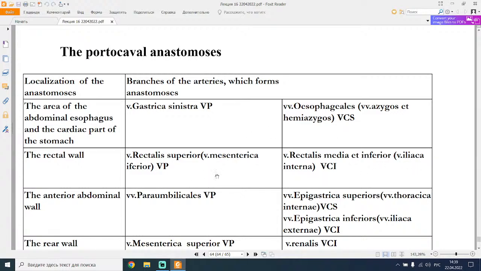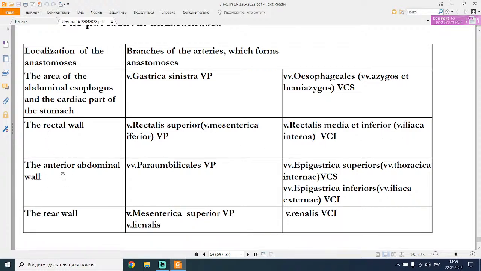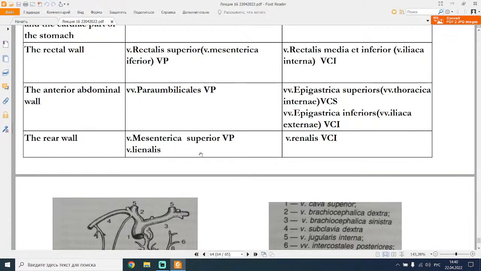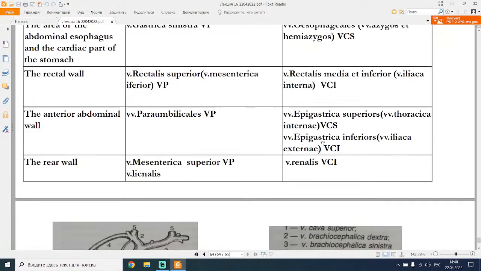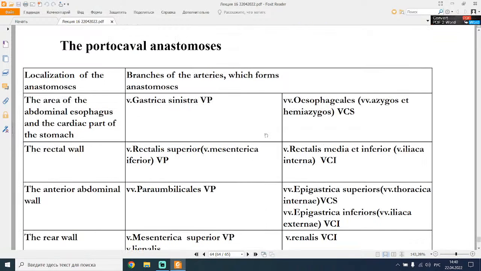This is anastomosis between the portal vein, vena porta hepatis, and vena cava inferior. Next, localization of anastomosis, the anterior abdominal wall: anastomosis between vena paraumbilicalis and veins epigastrica superior and epigastrica inferior. And the rear wall: the mesenterica superior, lienalis, and vena renalis.